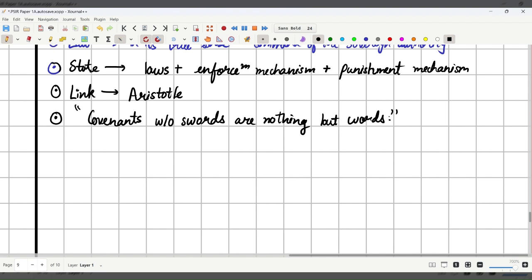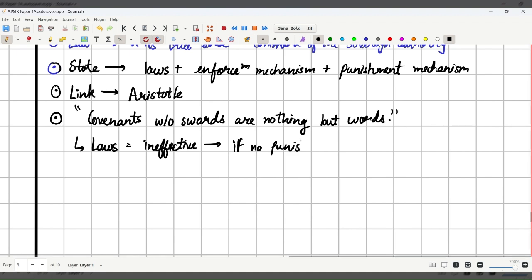So basically, this means that laws are ineffective unless there is a punishment mechanism to ensure compliance.